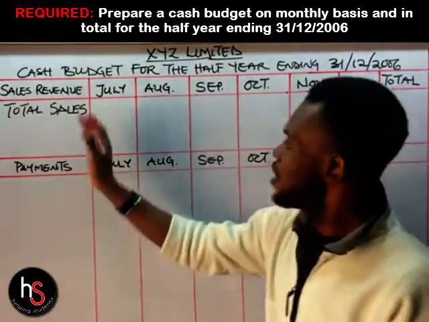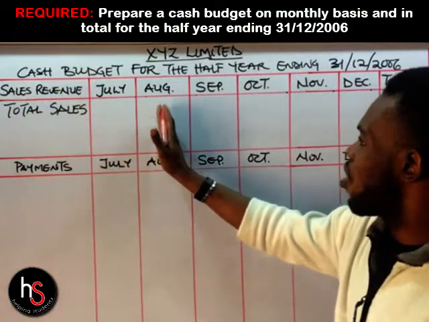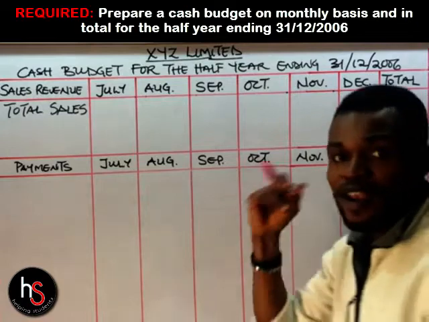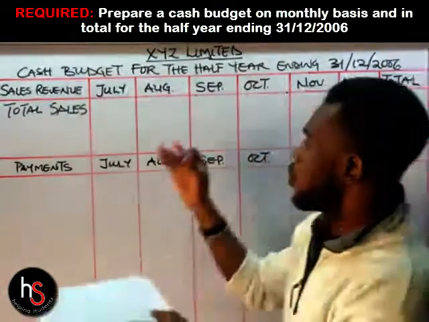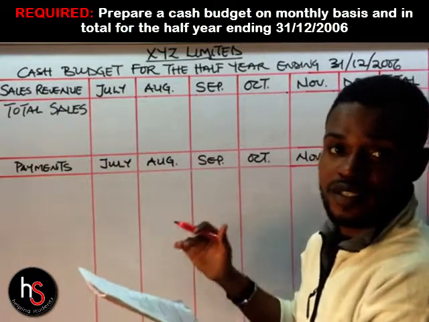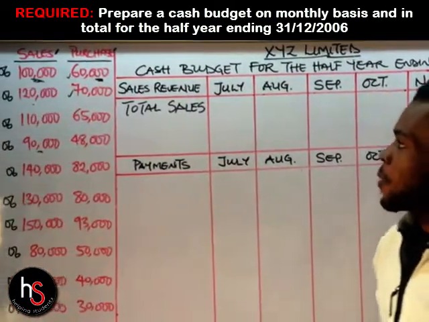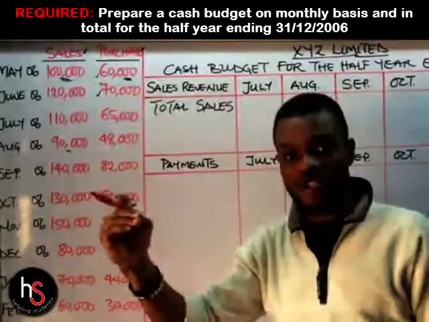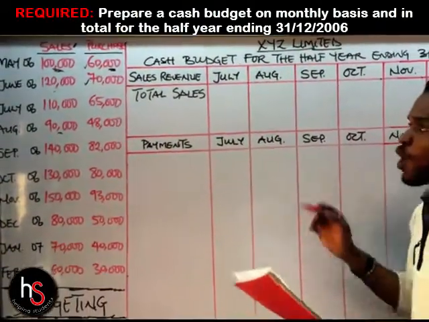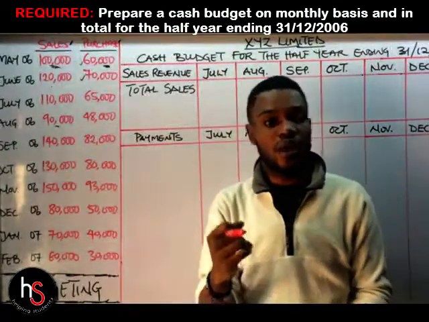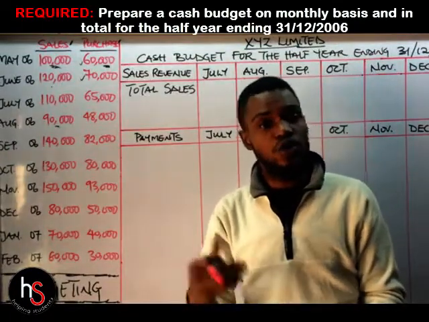On the table we have, it starts from July, August, September, October, November, December. Unlike the previous table where we brought out the cash purchases and the credit purchases, the cash sales and the credit sales, where we treated everything on the schedule collection, in the main budget we'll make use of the month of significance, which is what we are required to solve for.